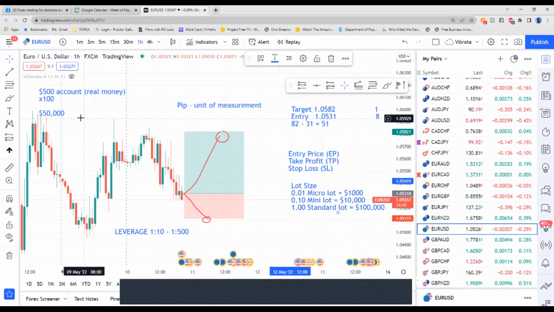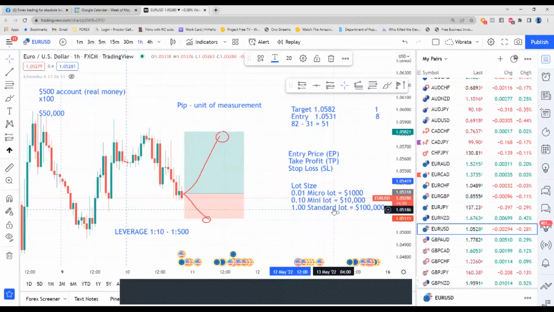So let's go back to our example. We have a $50,000 account because our $500 account of real money has been magnified 100 times. So we have a $50,000 account. Quick question. With a $50,000 account, can I enter into a trade with 1 standard lot?